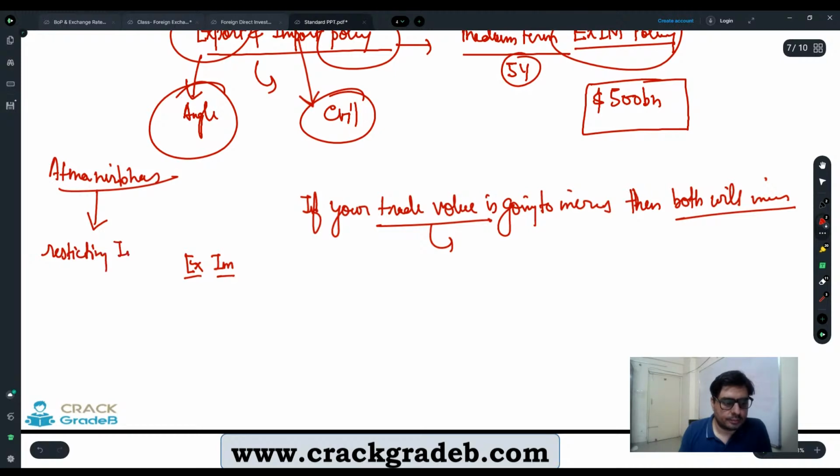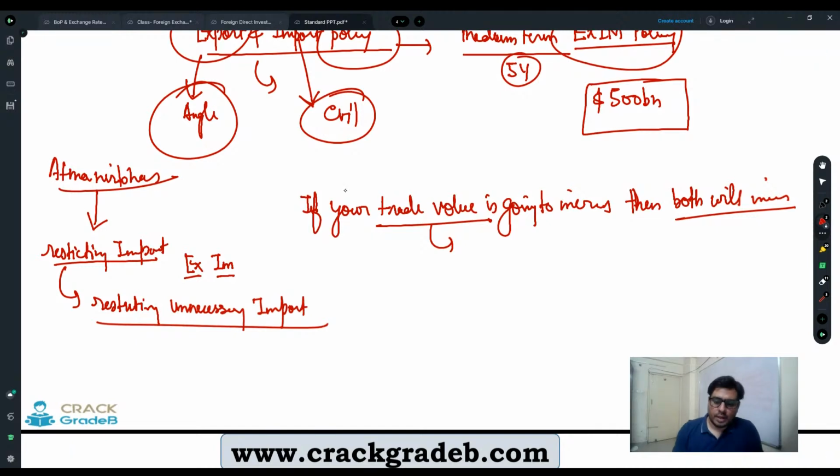they are saying that they are restricting imports. Actually, it is unnecessary import.